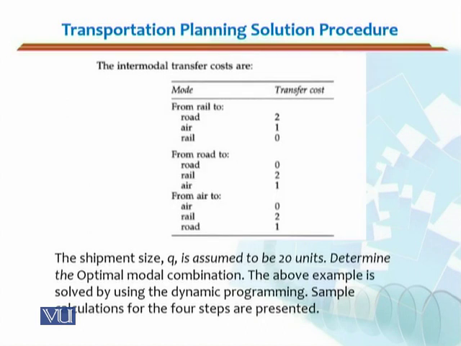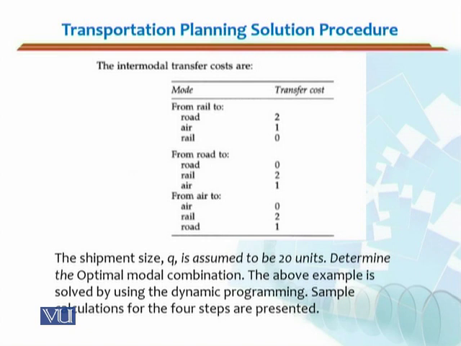Now, the intermodal transfer costs are given. If we are transferring from rail to either road or air, or it remains on rail, the transfer costs are given. Of course, if the mode of transportation doesn't change, then the transfer cost would be 0.